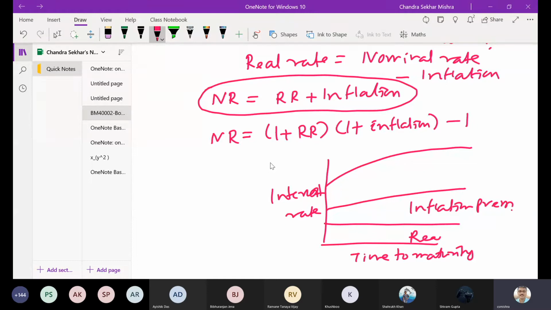This is the real rate, and this is your interest rate. Risk premium will be higher in case of longer duration maturity, lower in case of shorter duration maturity.